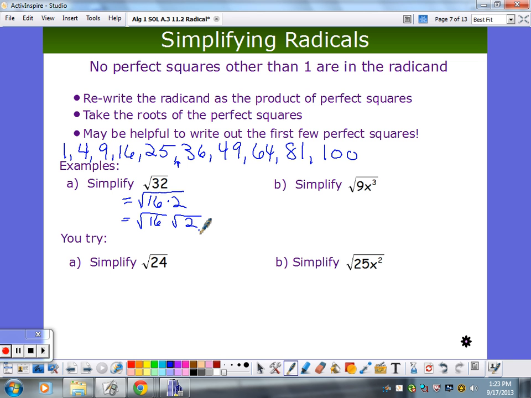So now the square root of 16 times 2 is the square root of 16 times the square root of 2. What's the square root of 16? 4. And then I have the square root of 2. Is 2 a perfect square? No. Does it have any perfect square factors other than 1? No. That's about as low as I can get. So the simplified form of the square root of 32 is 4 square root 2.